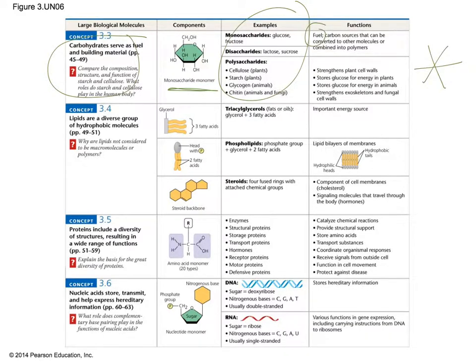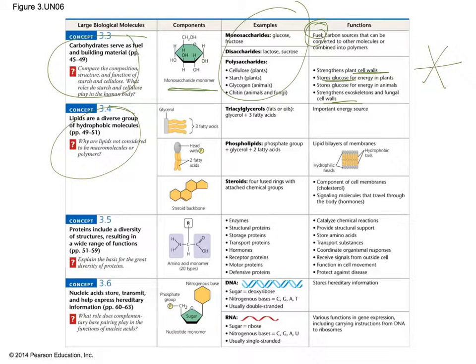It's our fuel. But it's also in the cell walls. We do store some, and it is also a part of fungal cell walls as well. So there are several functions for carbs, but mainly it is our fuel source. It's our immediate fuel source.